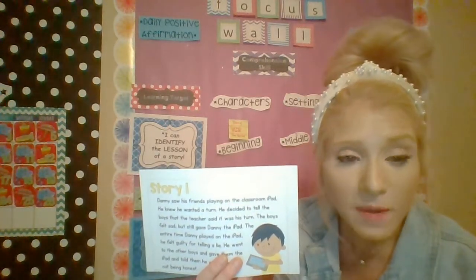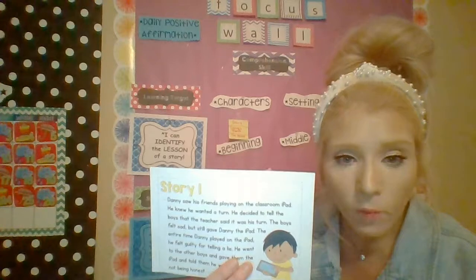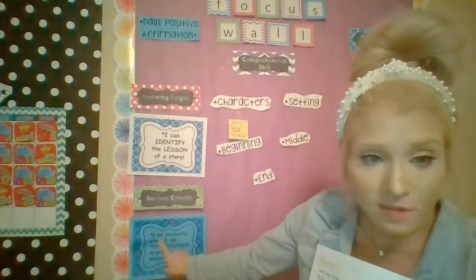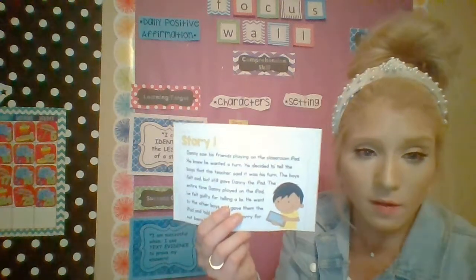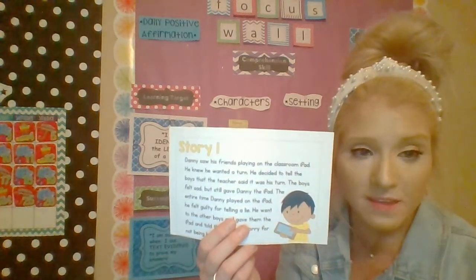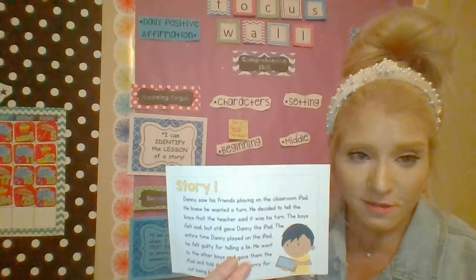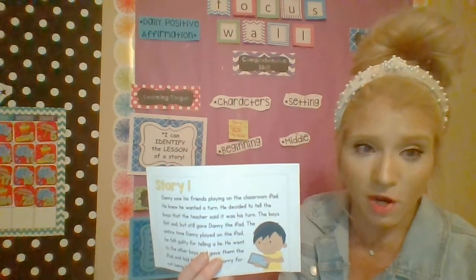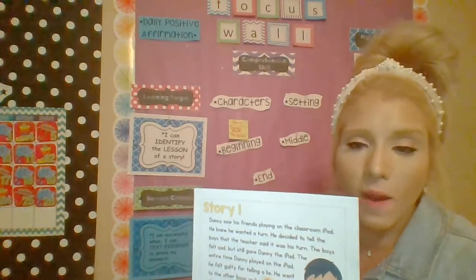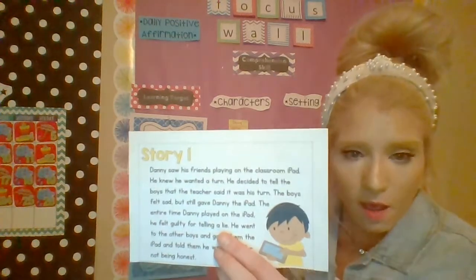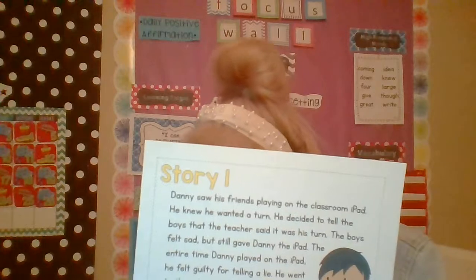Do you notice how we are being text detectives right now? We are doing our success criteria. We are using evidence from the story, clues from the story, to help us come up with our answers. We are on the right track. Okay, right now you should be saying or writing down what the setting of the short story was.